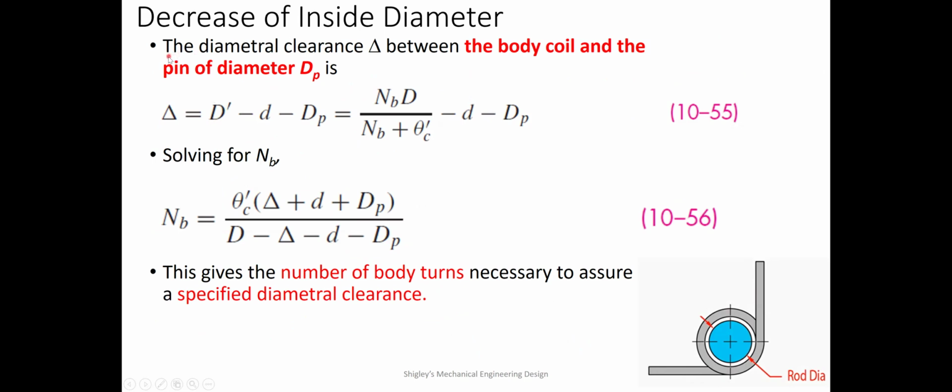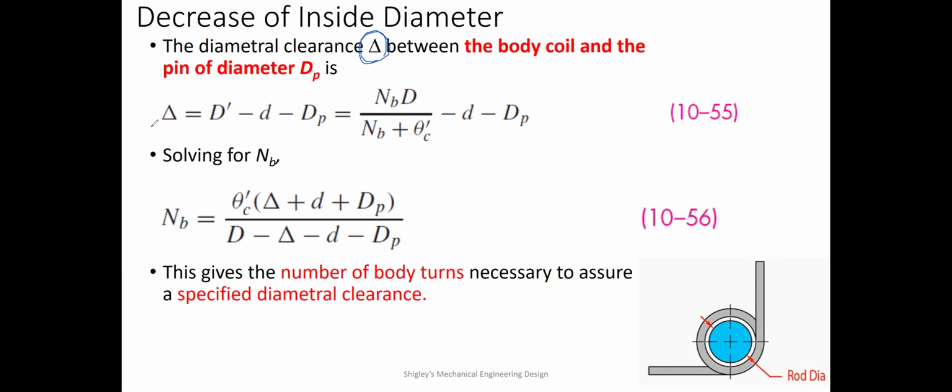So for the dimensional clearance between the body coil and the pin of this pin diameter, that's what I mentioned previously. If this torsion spring is applied over a rod inside, there is a clearance between these two diameters.